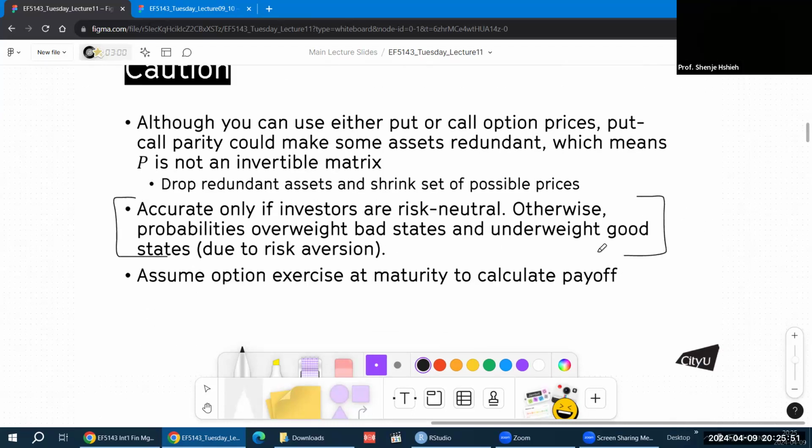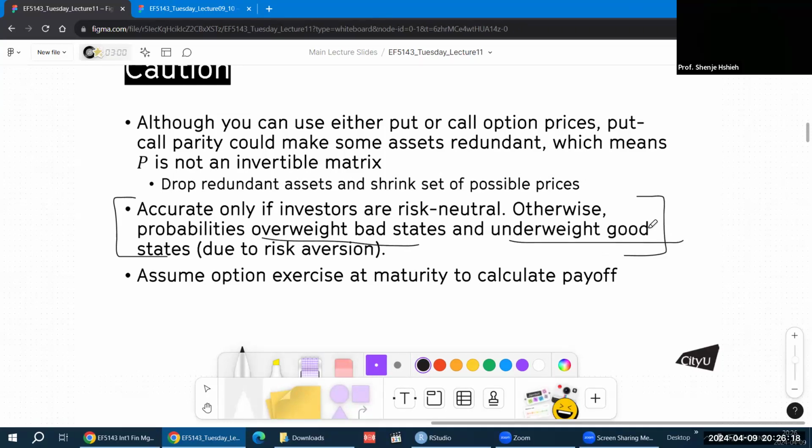And lastly, these are all theoretical parts. So it's only accurate if investors are risk neutral, right? I'm assuming that the Q probabilities that I'm calculating are comparable to the real world P probabilities that I don't observe, right? If they are indeed risk neutral, then they are the same. But if they're different, what's going on is that I am overweighting the bad states and underweighting the good states.